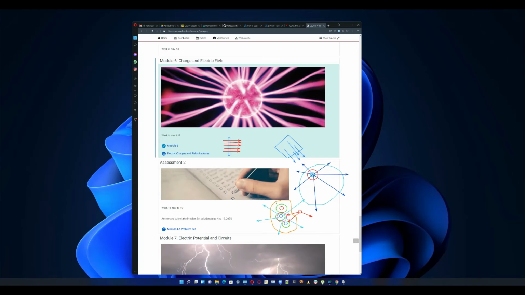Ang pwede mong gawin dito, instead na ganyan, gagawa ka lang ng surface na ganito. Parang ganyan. Para siyang cylinder. Gagawa ka ng parang cylinder.